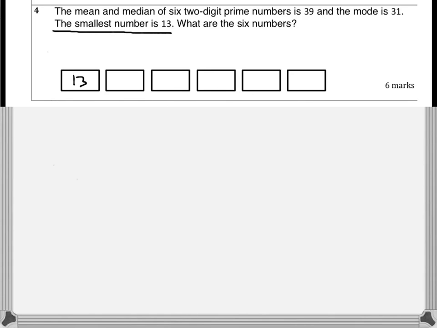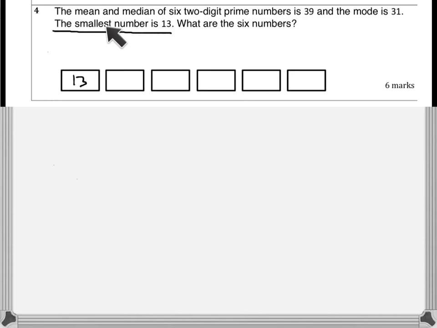A prime number is a number that can only be divided by itself and the number 1. So that means a 2 can't go into it, or a 3 can't go into it, or a 4 can't go into it. Any other number can't divide into a prime number. Only it is divisible by itself and 1. Such as 13. The only way you can get a 13 in multiplication is 1 times 13. That's it.